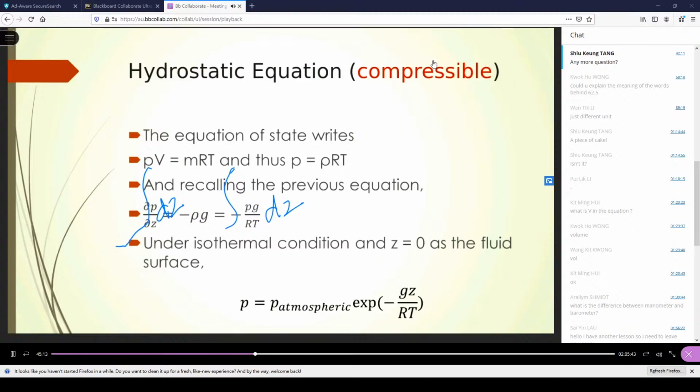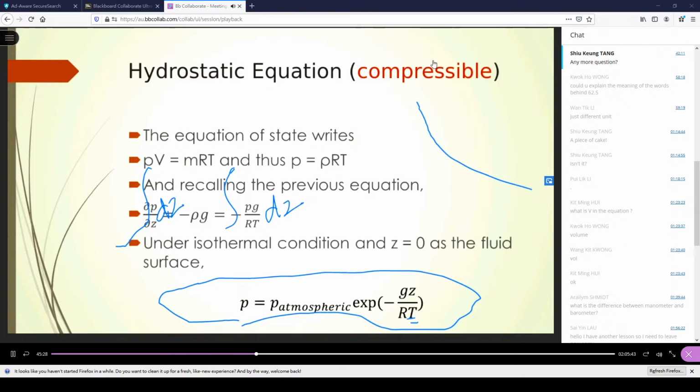This is the solution that you will have: assuming temperature is constant, the pressure is exponentially decreasing with increasing height.